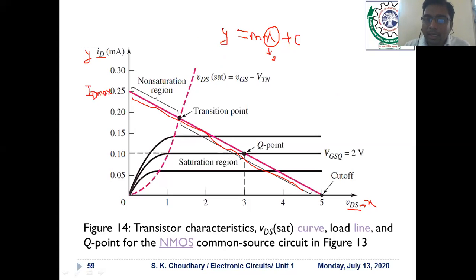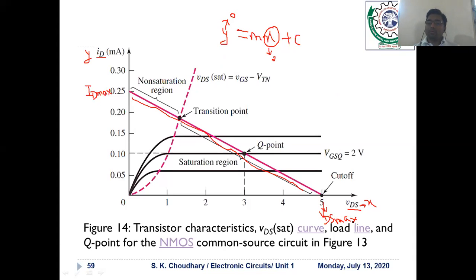Similarly, if you have to find the x maximum, for that purpose you have to put y is equal to 0. This is your x, meaning VDS max. This is VDS max.